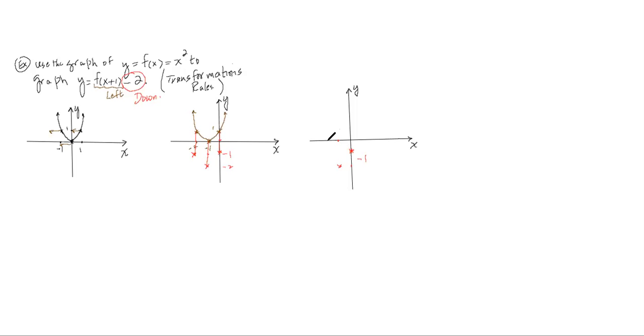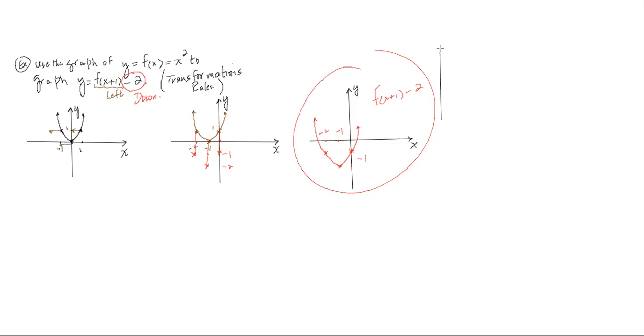And then the third one is at -2 and -1. And again, it is a parabola. Okay, and that is your final graph, f of x plus 1 minus the 2. Any questions? No. Okay, so let's do this next one.